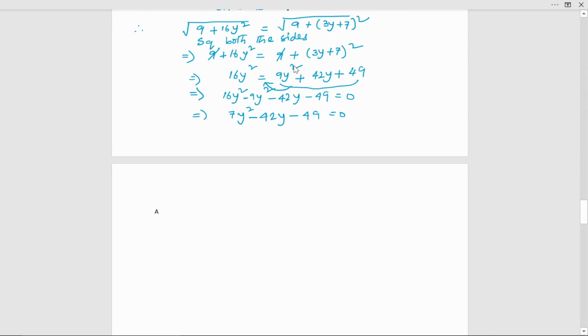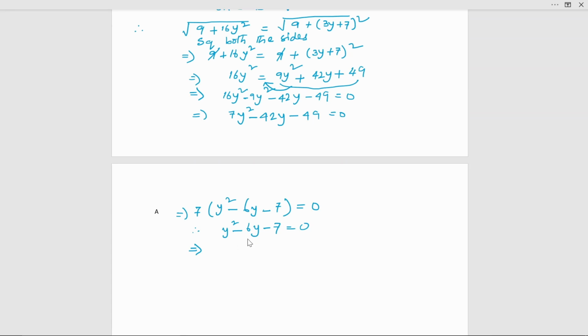So from here, if we take 7 common, we have y square minus 42y, and we have 7 7s are 49, which is equal to 0. So therefore we have y square minus 6y minus 7 equal to 0.